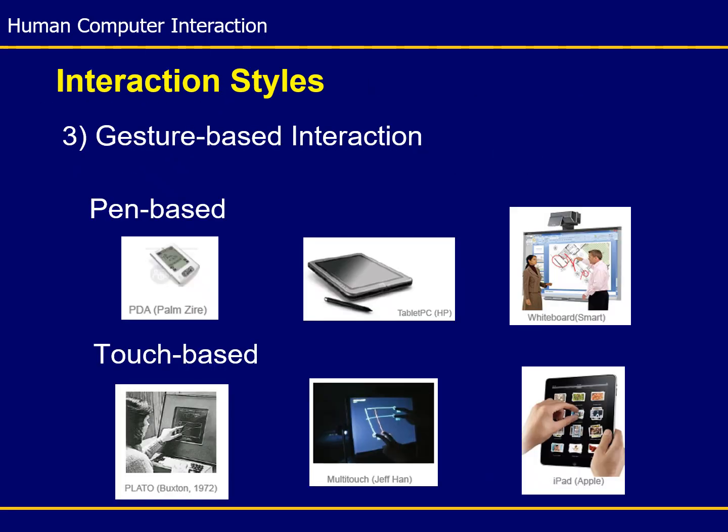Now the third interaction style, which you are all familiar with by now since you have cell phones, is called gesture-based interaction. Now in this interaction style, we interact with the digital world using gestures, not using direct manipulation. So the gestures could be in air, which means it's going to be 3D gestures. I could move my hand in any way in 3D space.